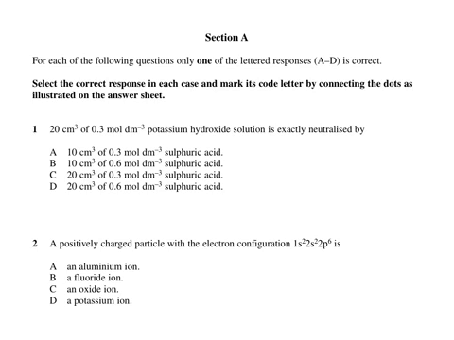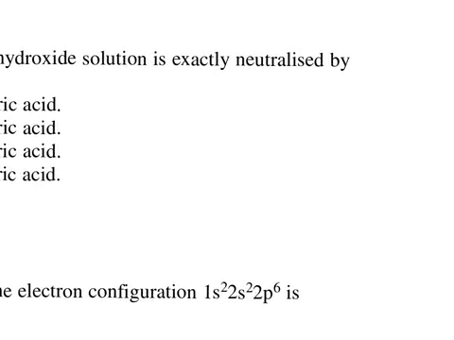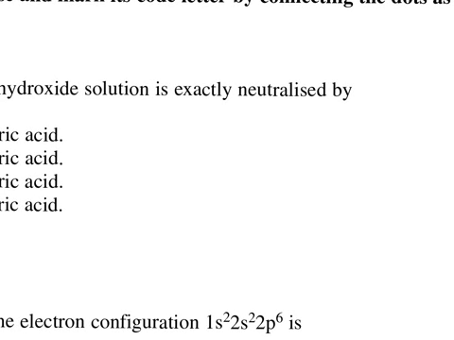So the first thing we need to do in order to answer this question is to write a balanced symbol equation for this reaction. We've got potassium hydroxide first of all, and if you're not sure you need to do your swap and drop, so I'll do that up here. Potassium is K, it's in group 1, so it has a valency of 1.